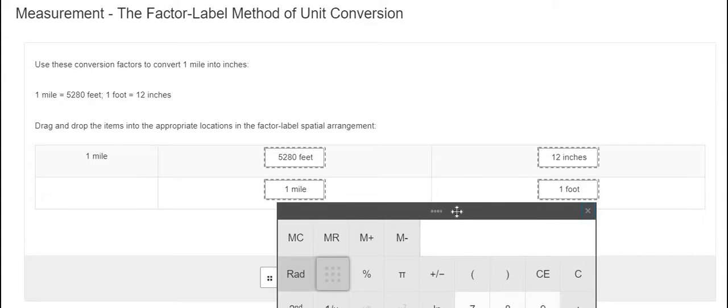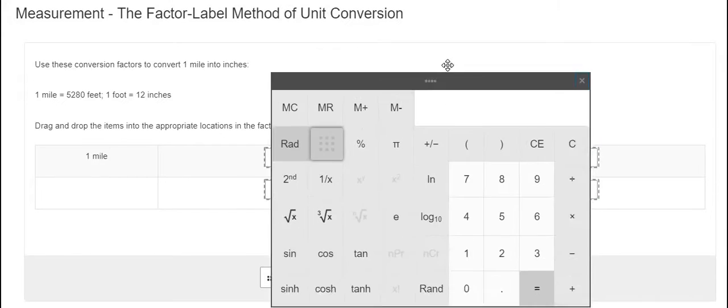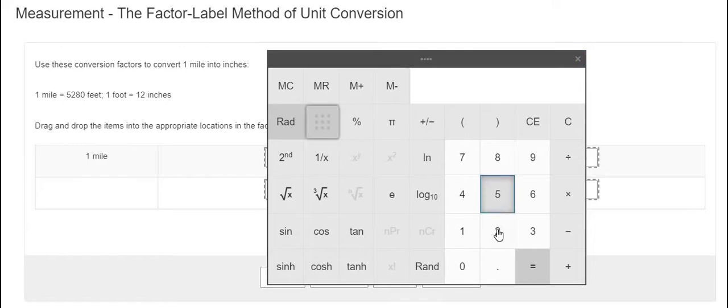So we can disregard all the 1s. What we have to do is multiply 5,280 by 12. So I'm going to do 5,280 divided by 12, and we get our answer, which would be 440 inches.